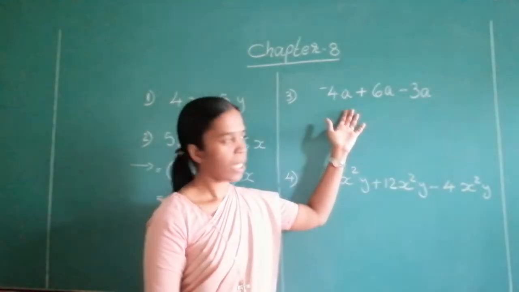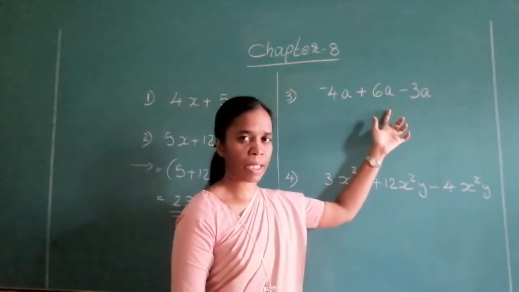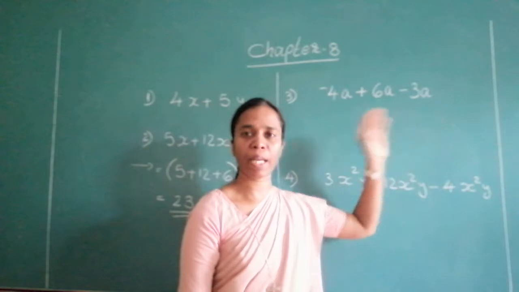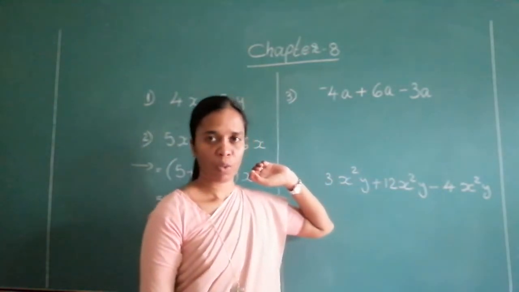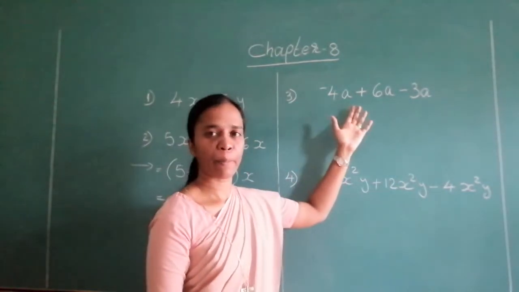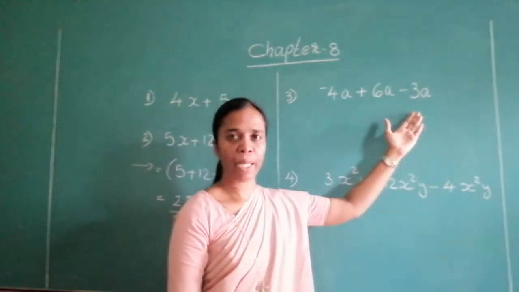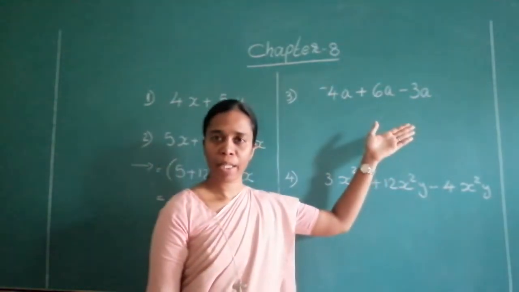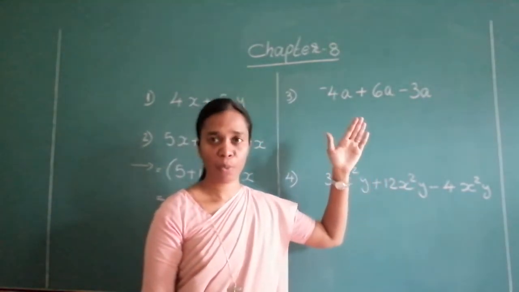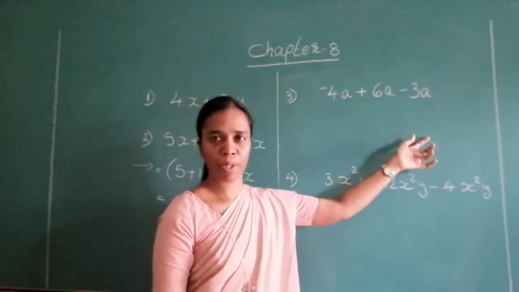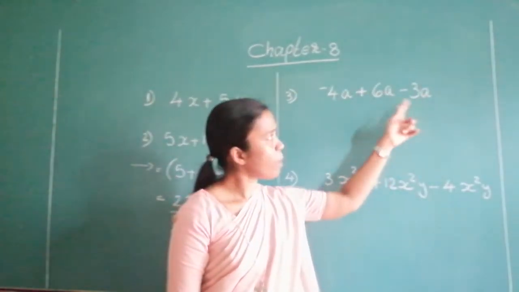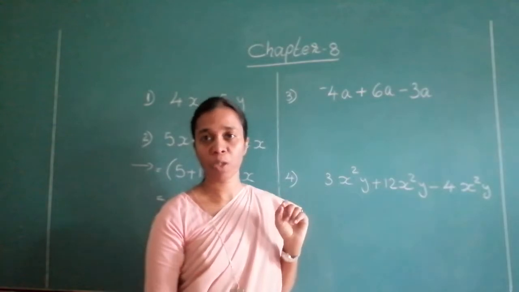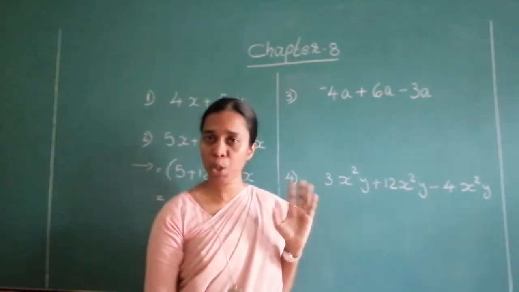Okay. Look at the second example. Minus 4a plus 6a minus 3a. Are they like terms? Yes. Why? Same variable, that is a. What is the power? Power of it is 1. So can I add? Surely.